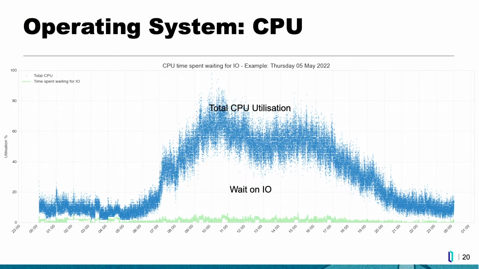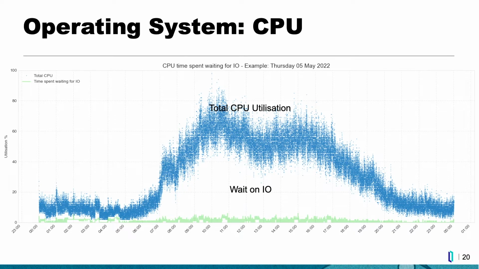The other type of saturation is wait on I/O, and I chart that because this is the time that a process is ready to run on the processor, but is waiting on a resource, and usually that's a disk resource.